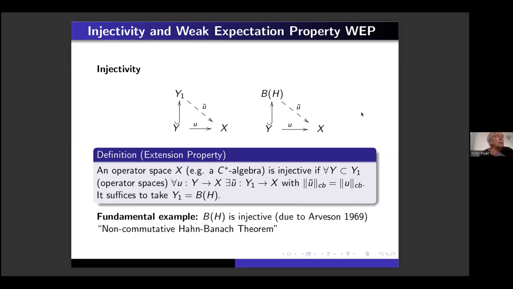And of course, since this larger operator space Y1 that contains our domain Y is itself an operator space, we can think of it as realized inside B of H, okay?